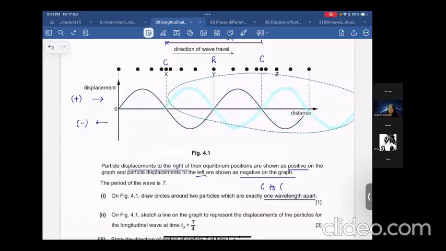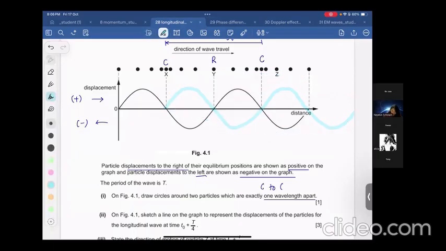Because from here, this one is compression, here is rarefaction. So from here to here is actually half a wavelength. From rarefaction to rarefaction is another one complete wave.